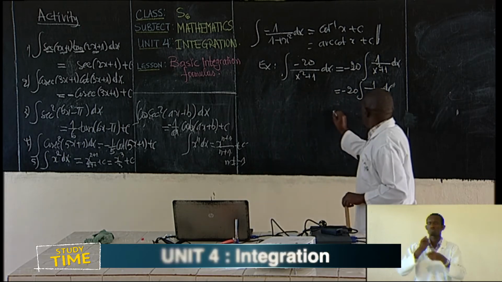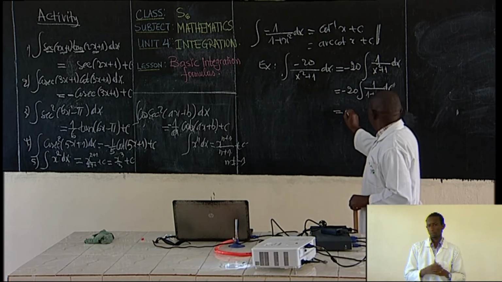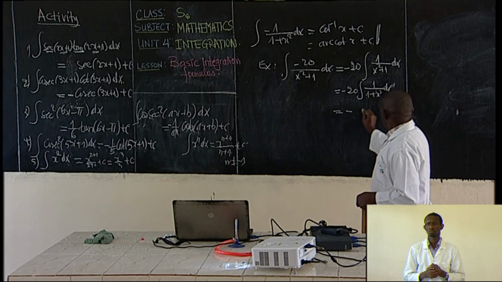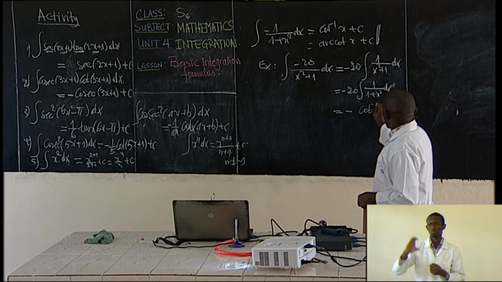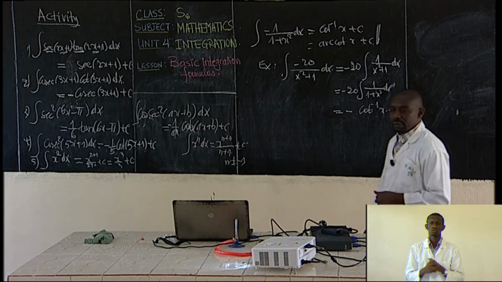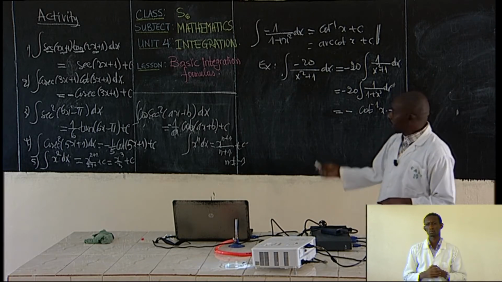So this is equal to minus 20 cotan inverse of x, then plus c. I hope it is clear.